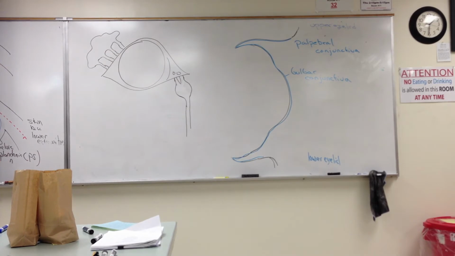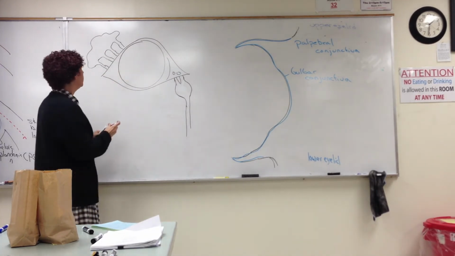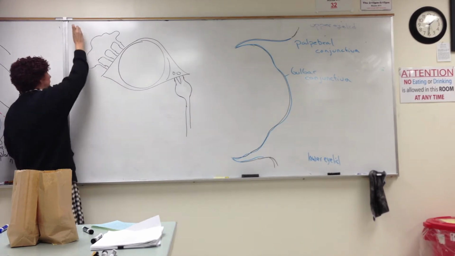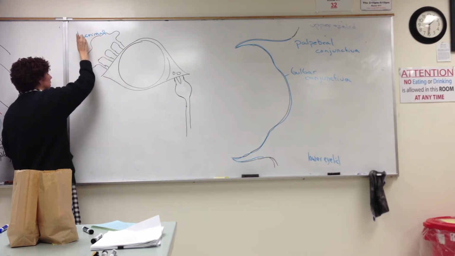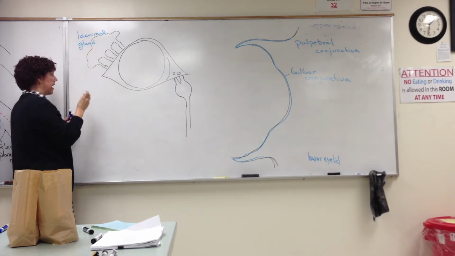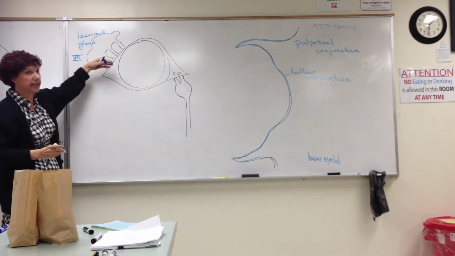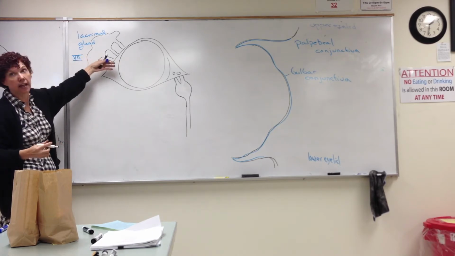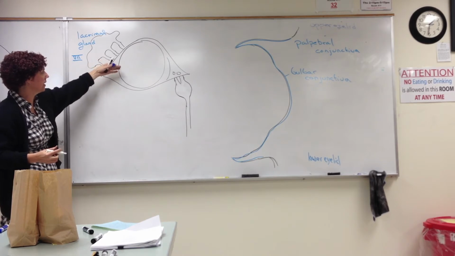Then when we look at a front view, we can see some additional accessory structures. We have the lacrimal gland, innervated by cranial nerve 7, and tear ducts passing from the lateral wall of the orbit onto the surface of the eyeball.